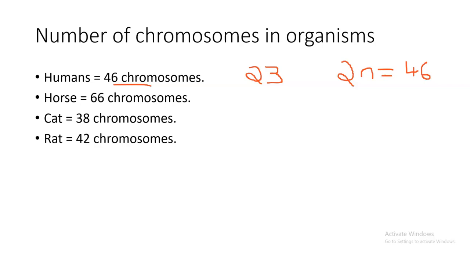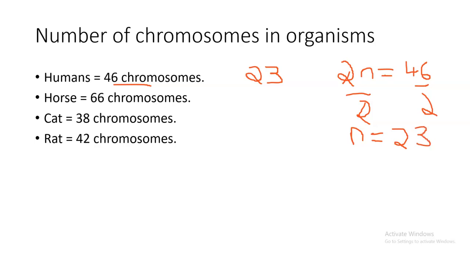If I were to do maths, let's say we divide both sides by 2, so we know that 2 and 2 will cancel, and then here we'll be left with n, and n is equal to 46 divided by 2, which will give us 23.